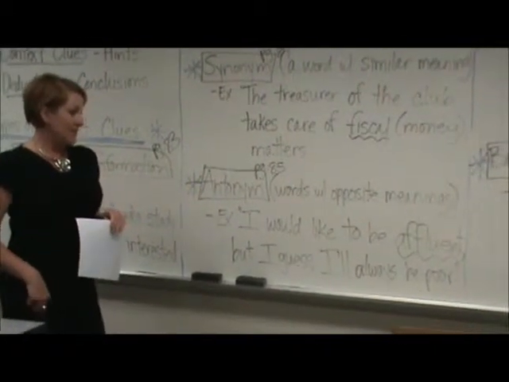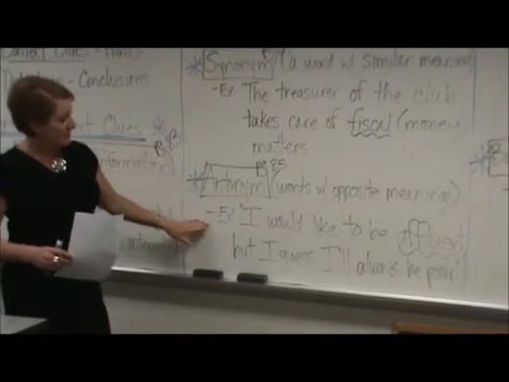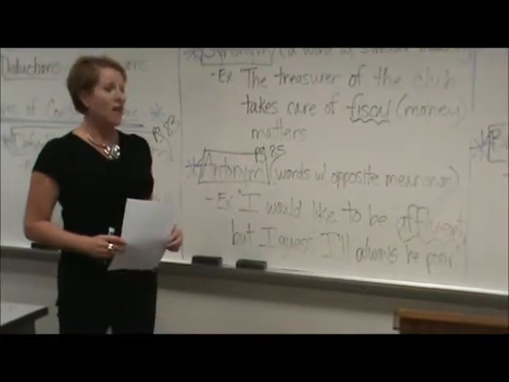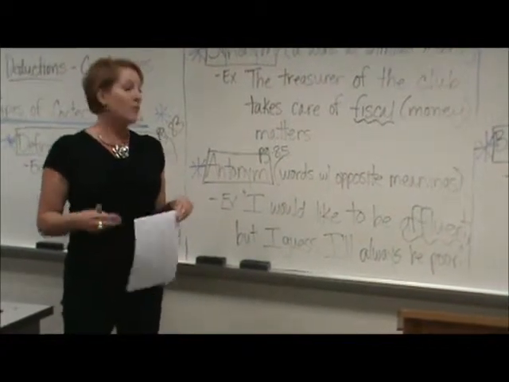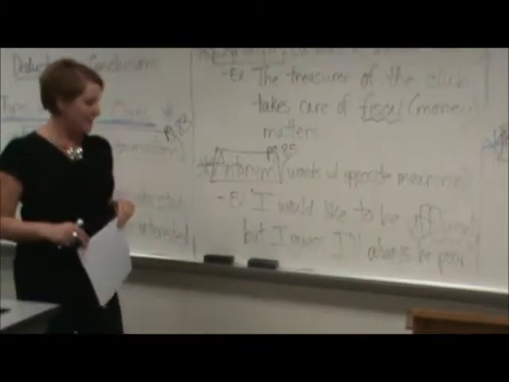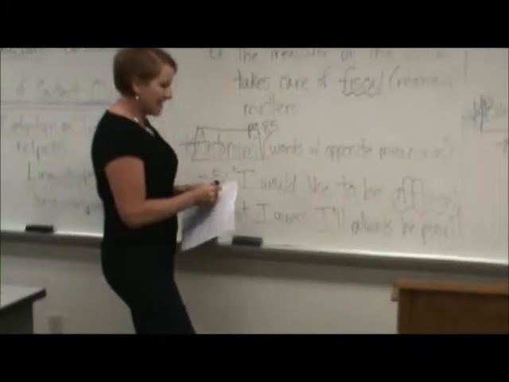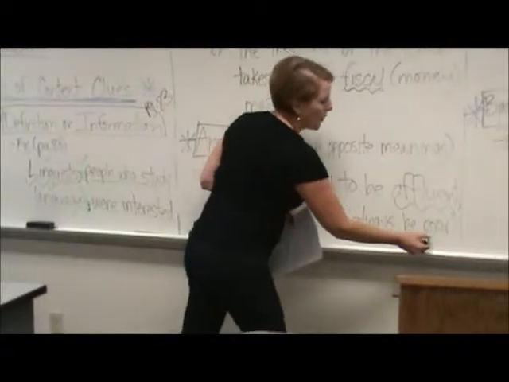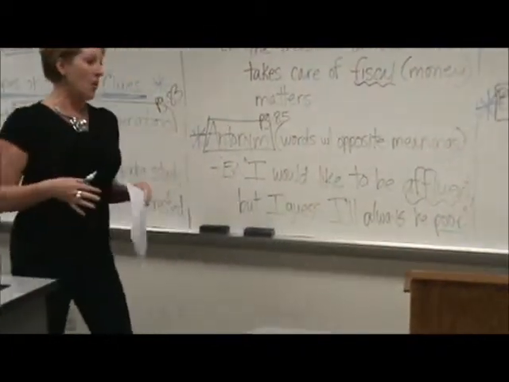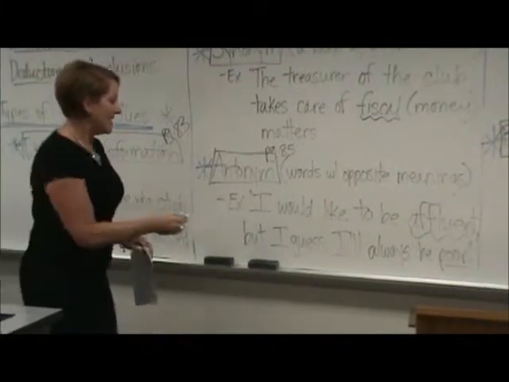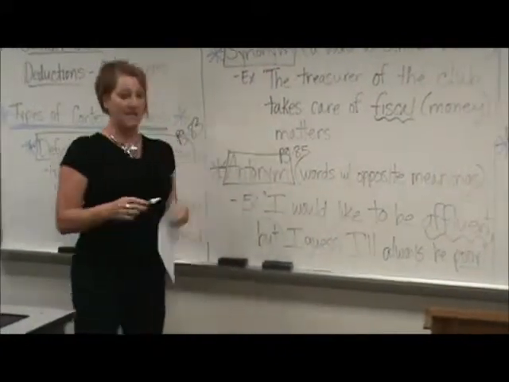Okay, one of the examples from your book goes like this. I would like to be affluent, but I guess I'll always be poor. So if we don't know what affluent means, there is an antonym clue. And that antonym clue is poor. And the way I know that there is an opposite or antonym clue is the word but.